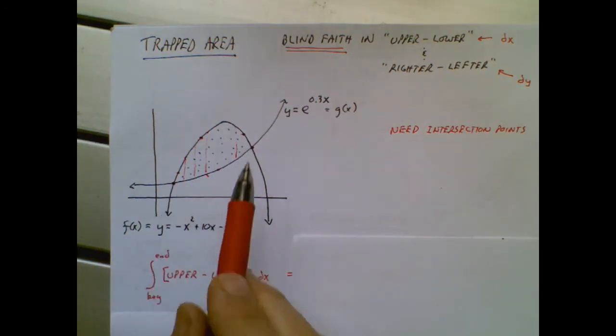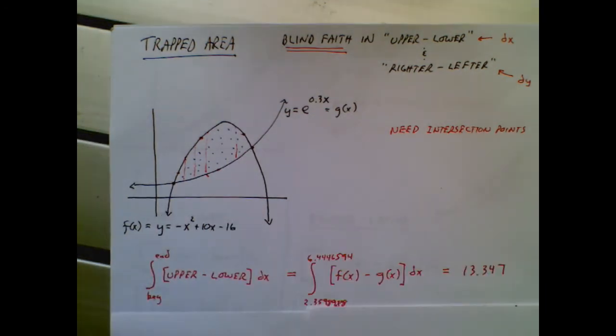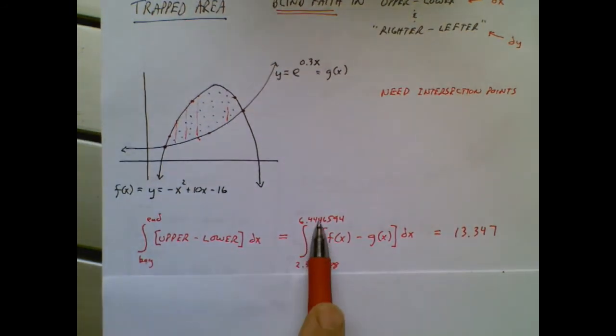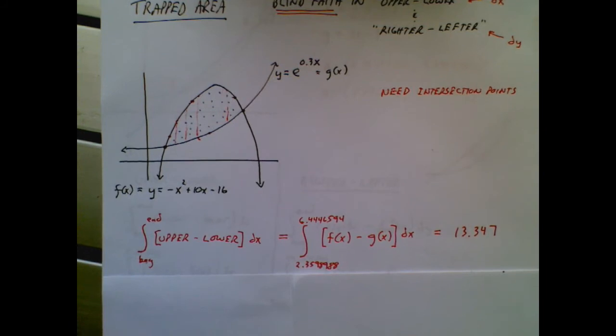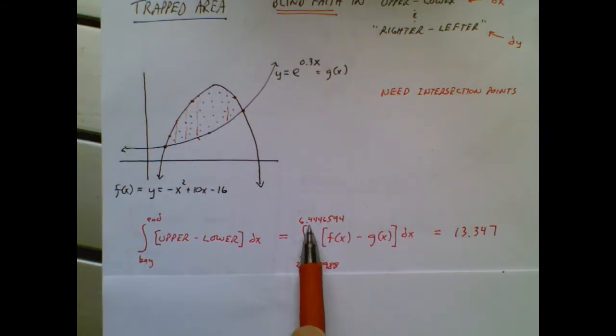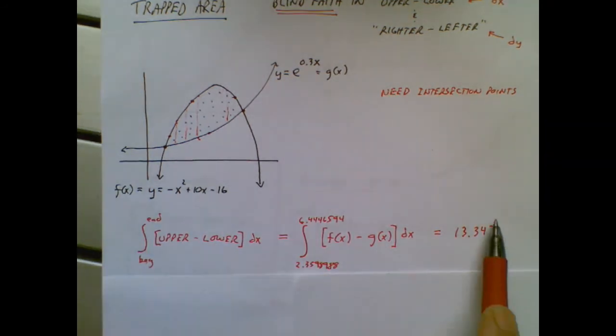Earlier I said you would need to get those intersection points, and here's what I have for those two intersection points. Now you notice that I went a little bit crazy and used many decimals, but remember, if your final answer is off on the third decimal place, then you don't get credit on the AP test. So rounding these early could easily distort that.